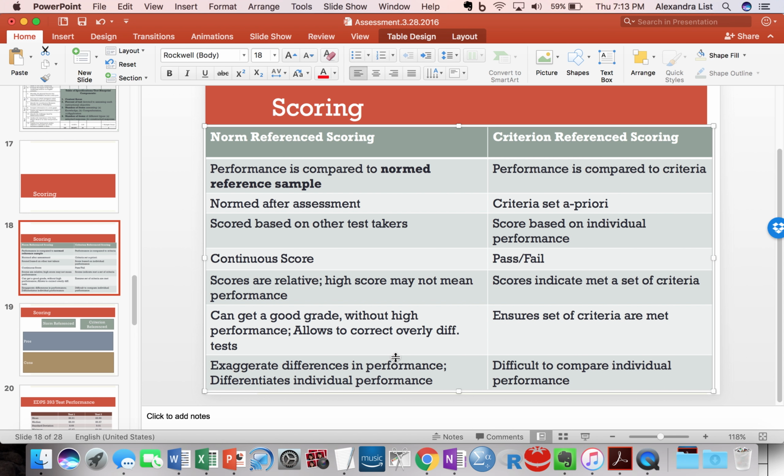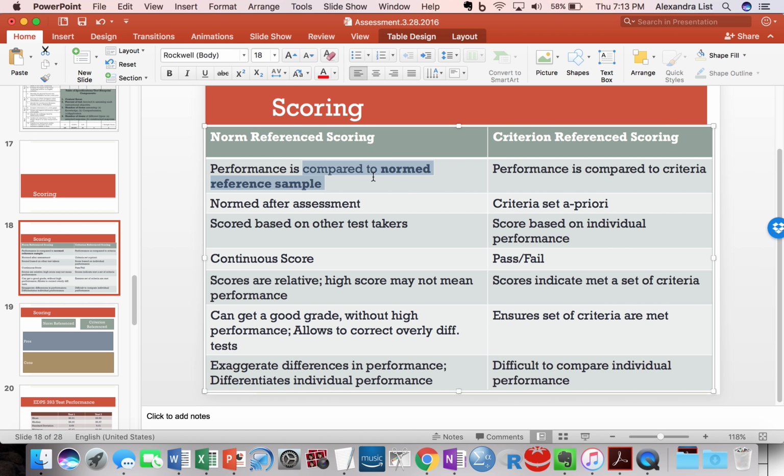But what that means is students may still be getting an acceptable grade without a set of criteria necessarily being met. And so all of these contrasts that I'm talking about between norm referenced and criterion referenced scoring really come from this fundamental principle: when we're talking about norm reference scoring, it's all comparative performance, how you're doing relative to other people.